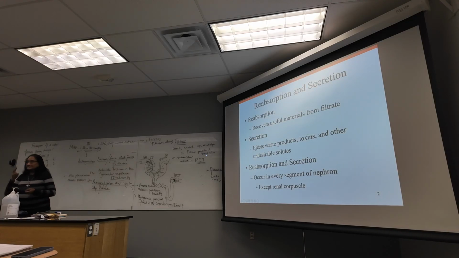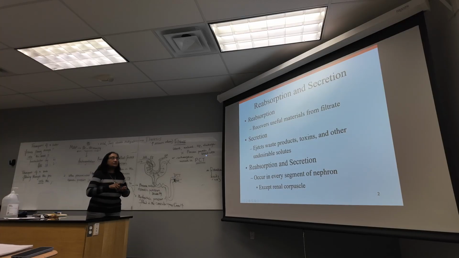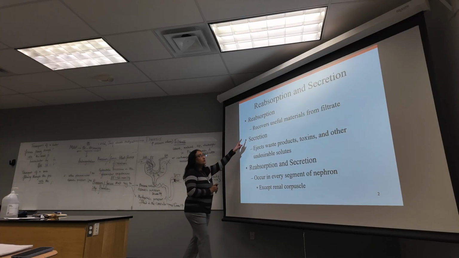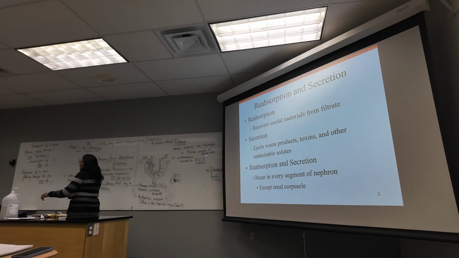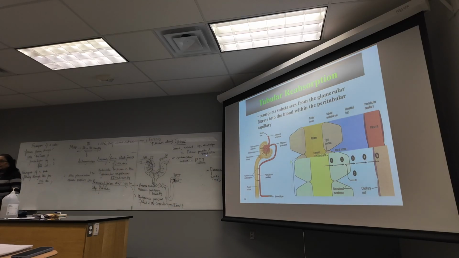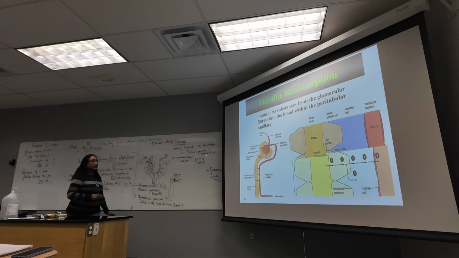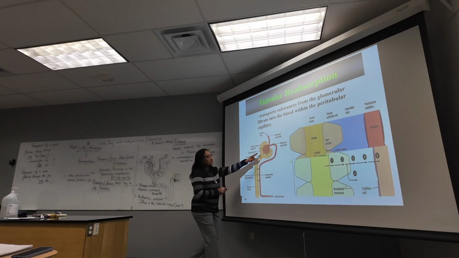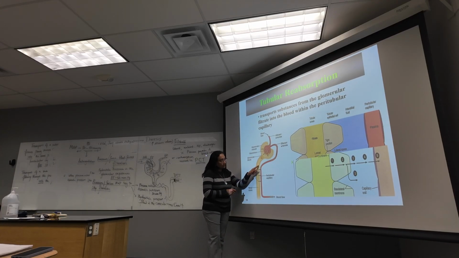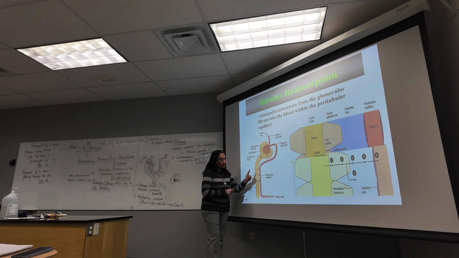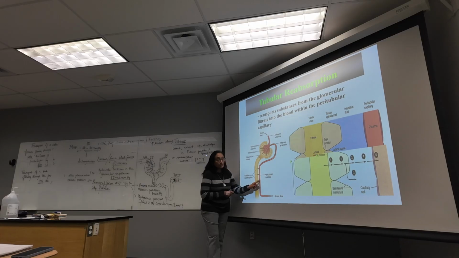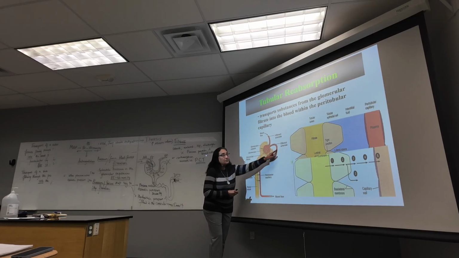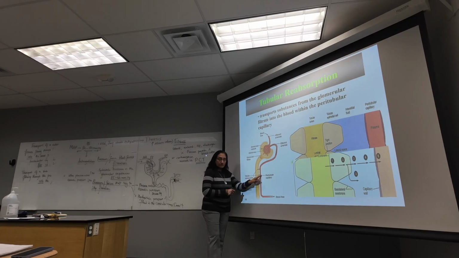Tubular reabsorption. So the second mechanism which happens in the renal tubule, reabsorption, recovers the useful materials from the filtrate. So how is reabsorption going to take place? Filtration has occurred, and as the fluid filtrate moves through the tube, substances are taken back into the peritubular capillary, which comes from the efferent artery.